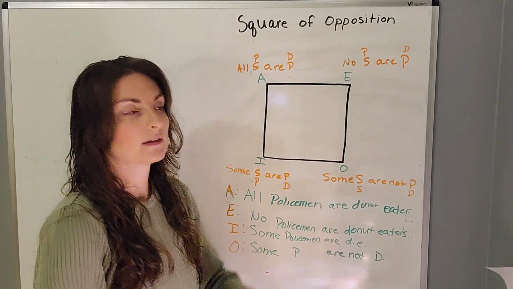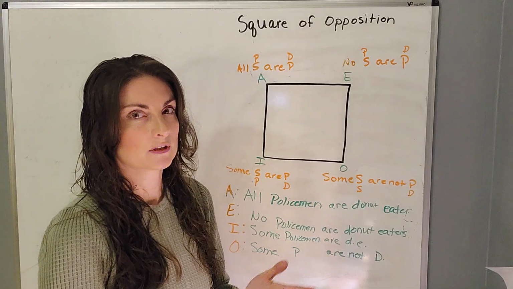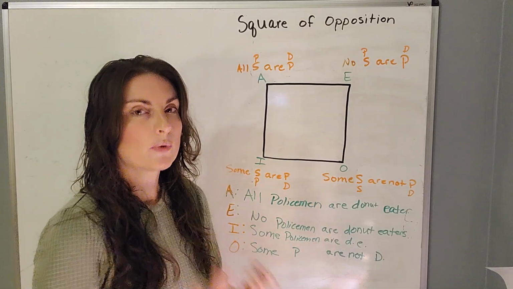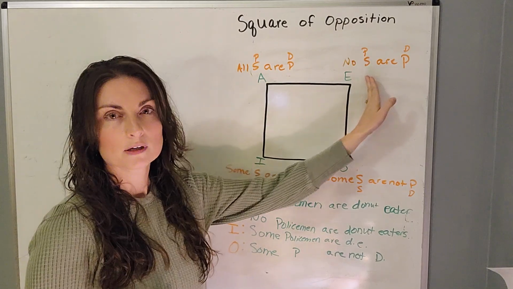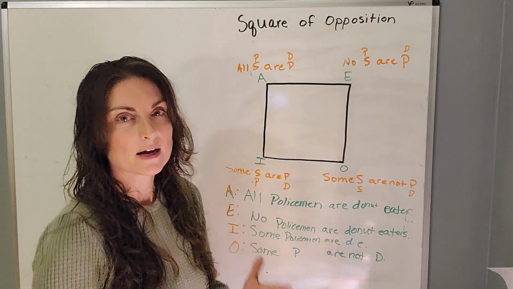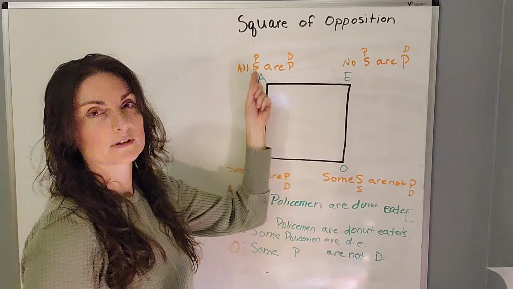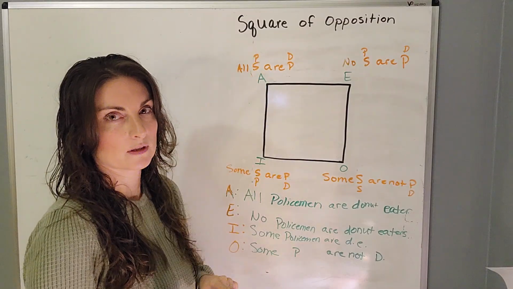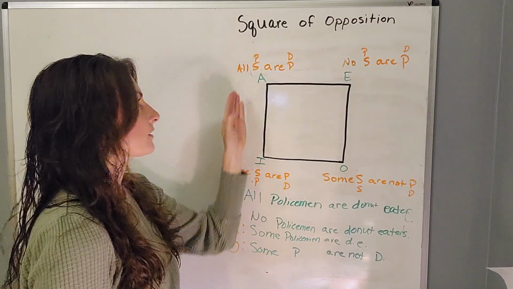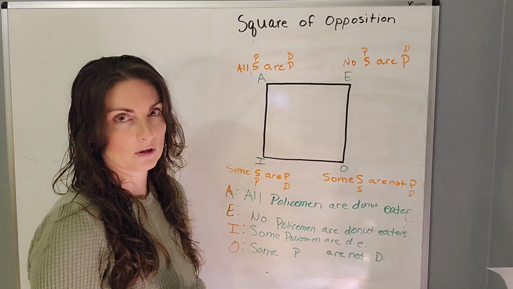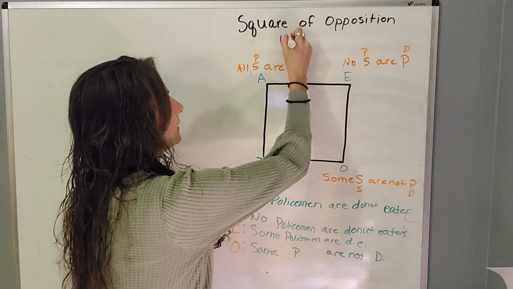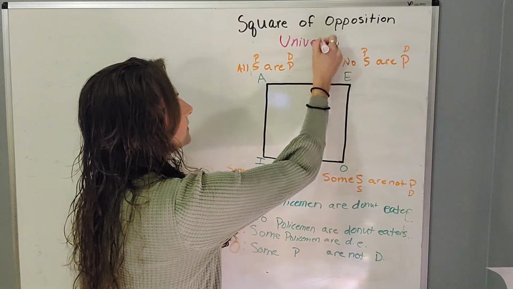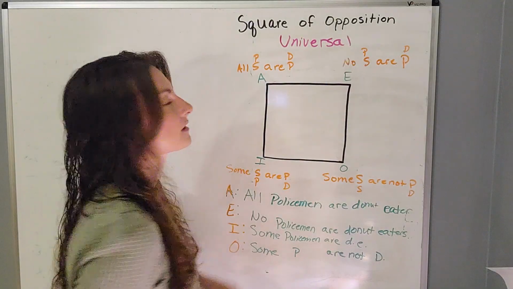Are we talking about the entire extension of the subject or only part of the extension? So all and no is talking about the entire extension of whatever the subject is. And in this case, it was policemen. We're talking about all policemen. We're either saying all of them are or none of them are. So this top is the universal. It is discussing the entire extension of the subject.